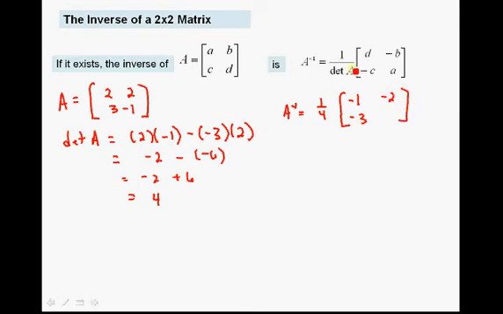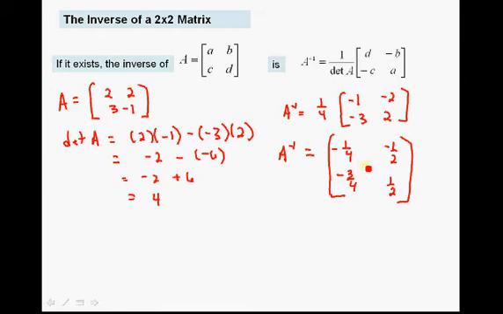And then just a goes over here, and a is 2. Okay? So then you just multiply that all out. And we're going to say the inverse of A is equal to negative 1/4, 3/4, negative 1/2, and 1/2. Voila, look at that. It's that easy. So now that is the inverse of A.